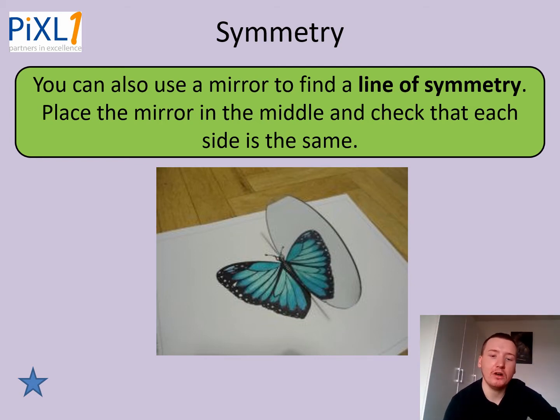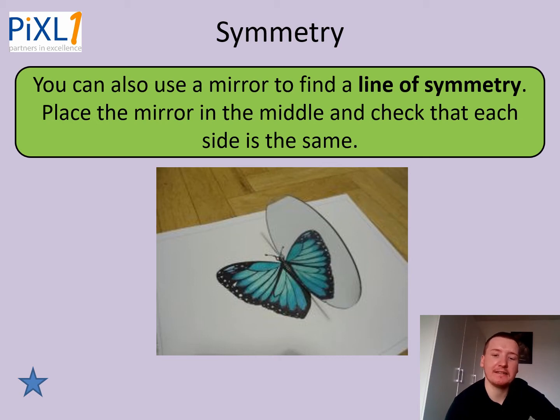Even though we're looking at shapes, the example I've got on the board is a butterfly. If you look at the butterfly, we've placed the mirror perfectly in the middle of it. Look carefully.